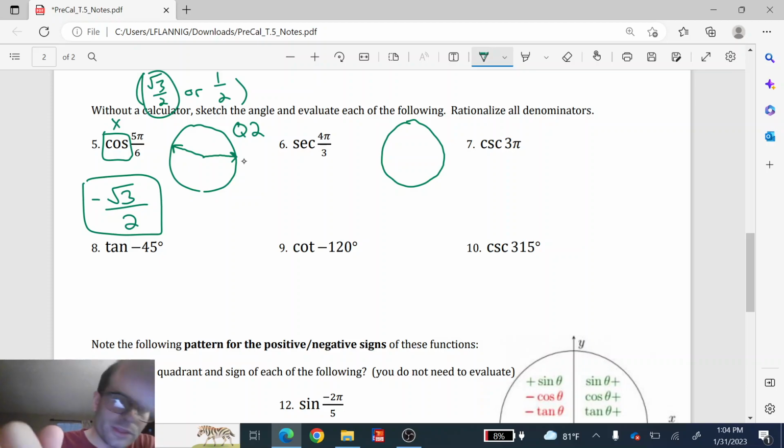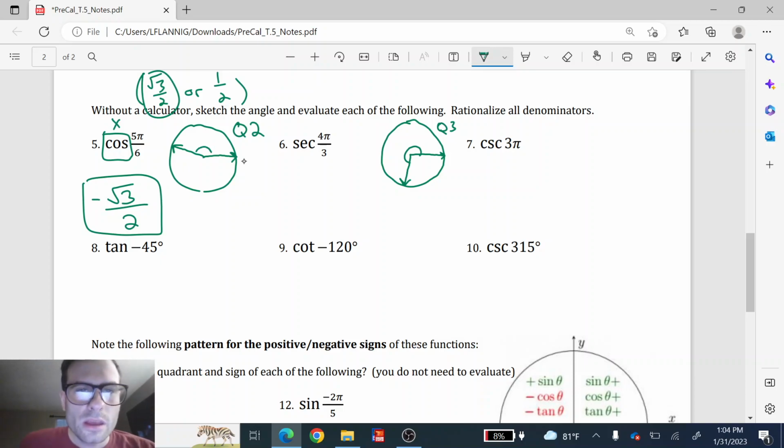4 pi over 3 is a pi over 3, but it's more than pi, so it's going to be right here, and this is quadrant number 3, so we know it's going to be negative in some sort of way. So it's this angle that's formed right here. This is all for memorization, just doing the Q3.